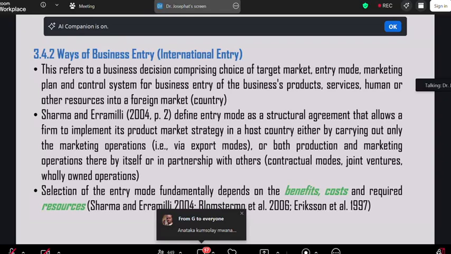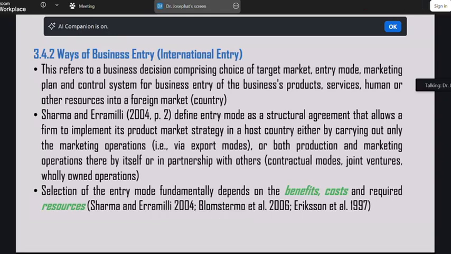So kuna aina mbili. Kuna baadhi ambapo mjasiriamali anaweza kuamua kwamba yeye anaenda kwenye entry kwenye foreign market through export model, anazalisha nchini kwake, anazalisha zile bidhaa nchini kwake, then ana export katika foreign market kwa ajili ya kwenda kuuza finished goods, finished product. That's one approach.